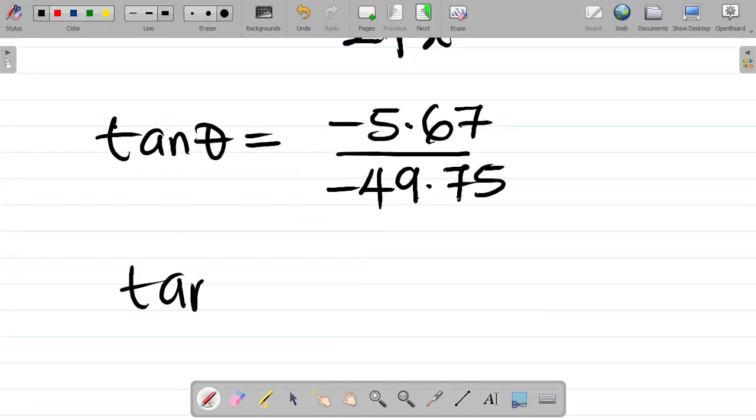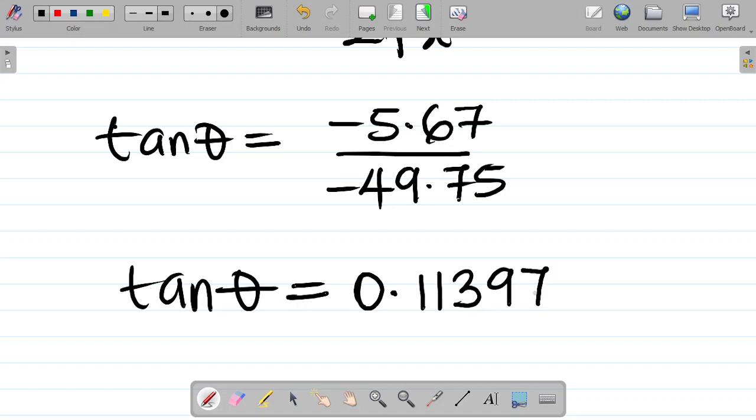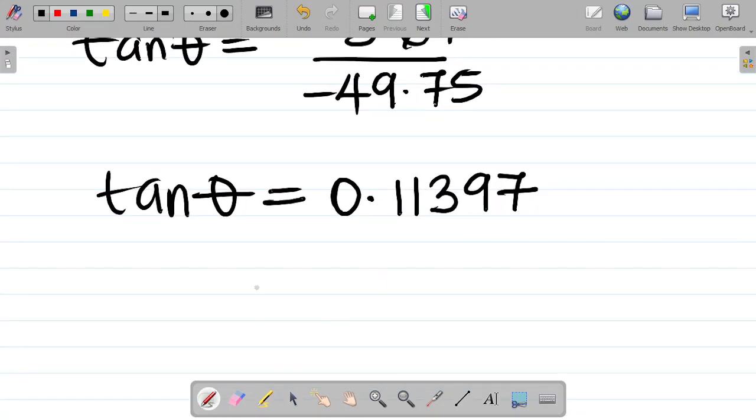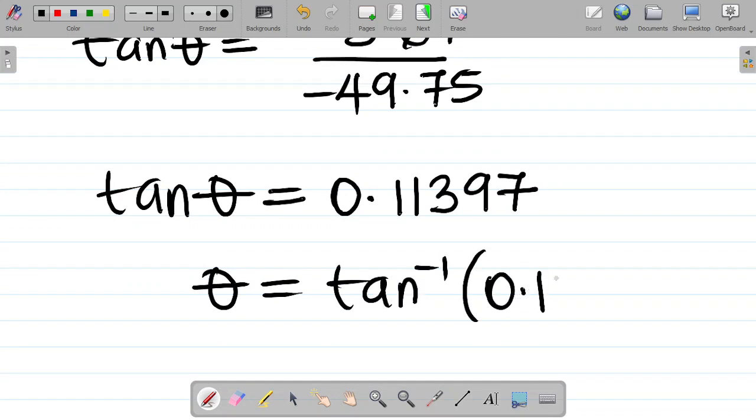If you do this, we'll have that tan of theta is equal to, I'll just get my calculator and punch this: minus 5.67 divided by minus 49.75. The answer there is 0.11397 approximately. To get the direction, theta is equal to tan inverse, of course, of the answer there, 0.11397.